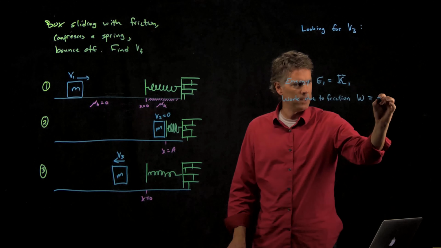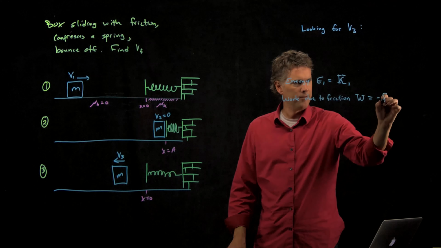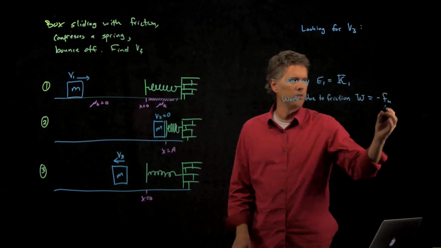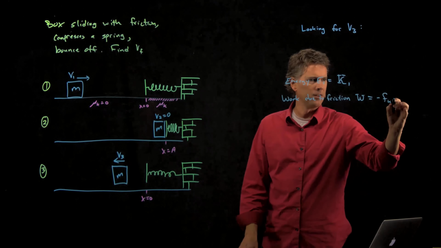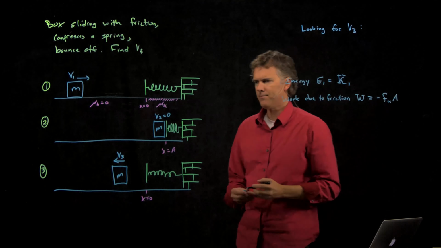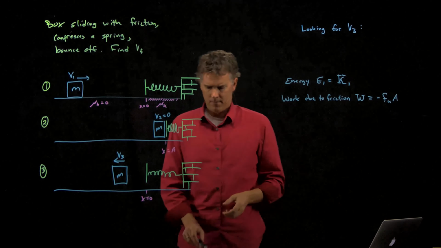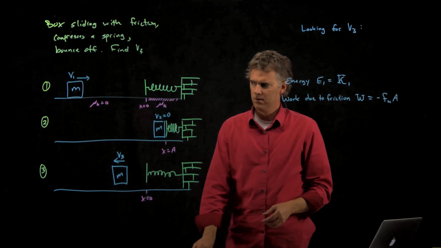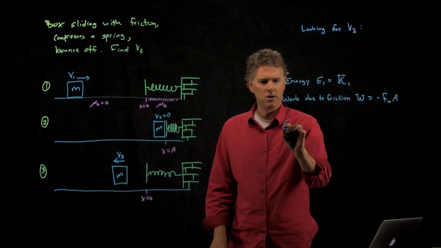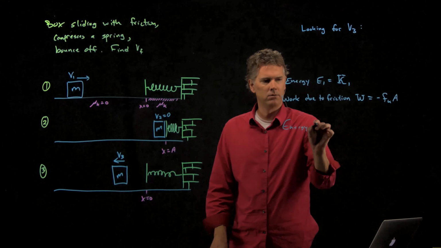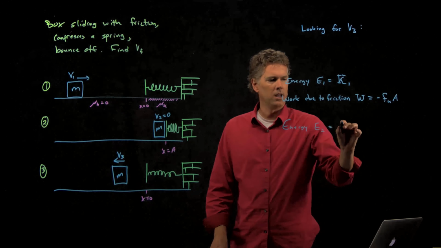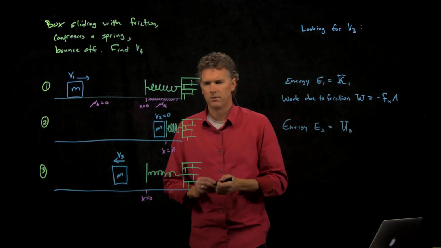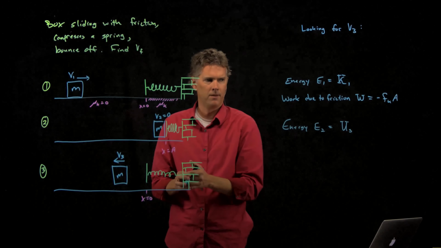It's minus Fk times the distance d that it goes, which in this case is the distance A. And then it's sitting here at this compressed position. So the energy here at E2 is spring potential energy. Right? We have a compressed spring.